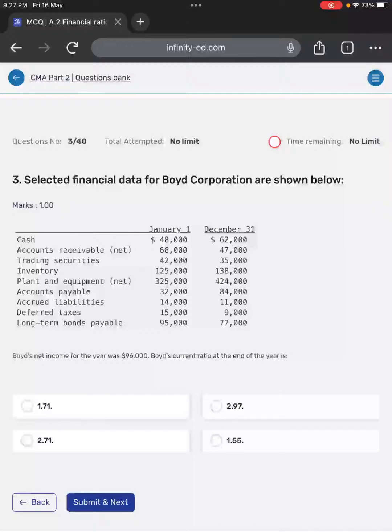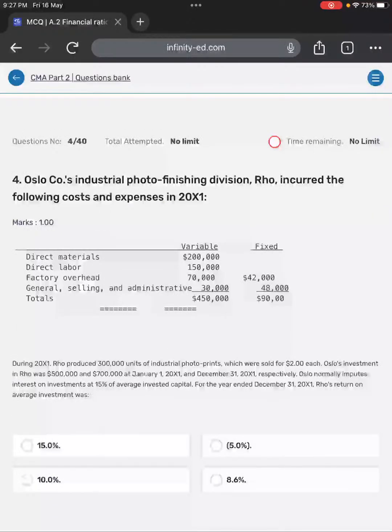It is not specified whether the deferred tax is long term or short term, but we assume that this is short term, suppose 9,000, equal to 104. 282 divided by 104 comes to 2.71. Option C is the correct answer, and we assume that deferred tax is payable within the next year, so it comes under current.